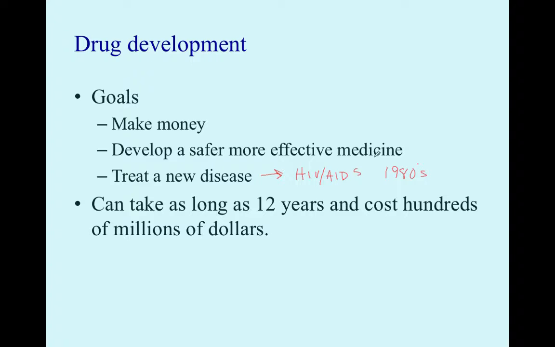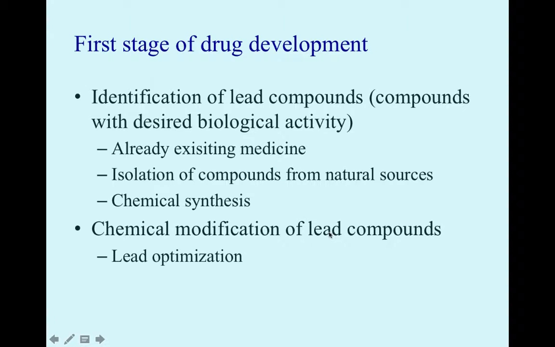Okay, there was a big market to develop something to treat that new disease. You've got to keep in mind that it can take a long time to bring a new drug treatment to the market, as long as 12 years, and it can cost hundreds of millions of dollars.